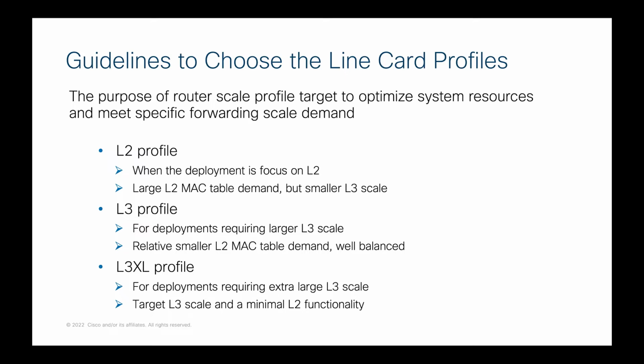And if the customer wants an extra large Layer 3 forwarding table, such as for an internet peering router, then they could select the Layer 3 XL profile. That means we maximize the Layer 3 forwarding table and have relatively smaller Layer 2 support to meet these special requirements.